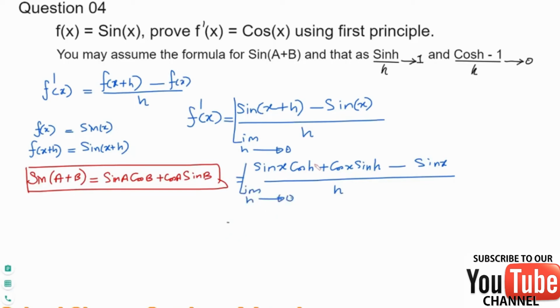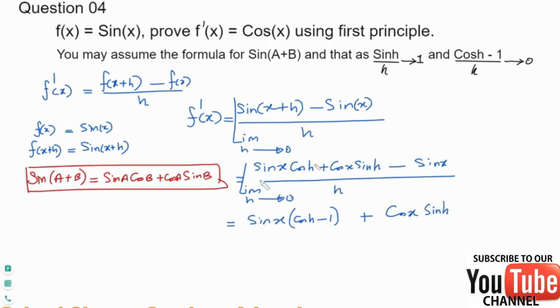Now I'm going to do a small factorization. Here, I'm going to factorize sine x out. If I take the sine x out, here sine x, cos h minus 1, and plus cos x sine h.